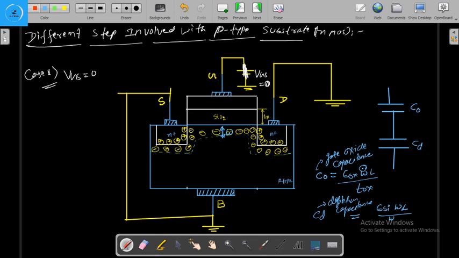This is the thickness or width of the depletion region, and W is again the width of the channel.